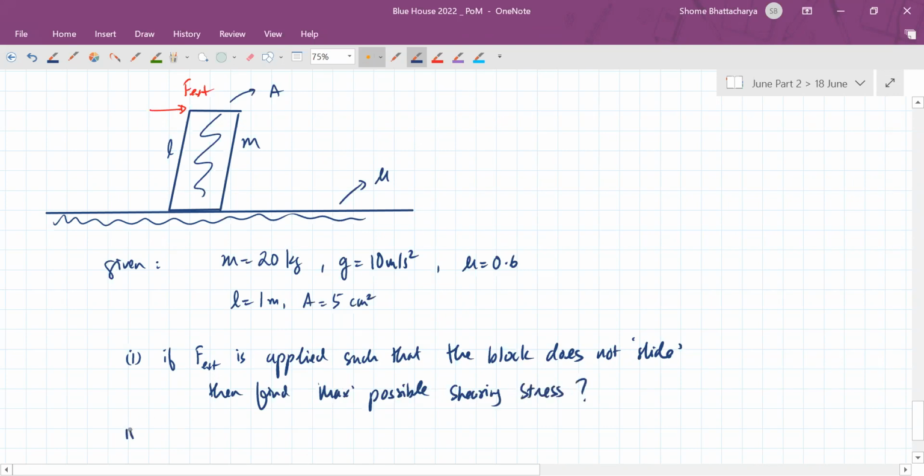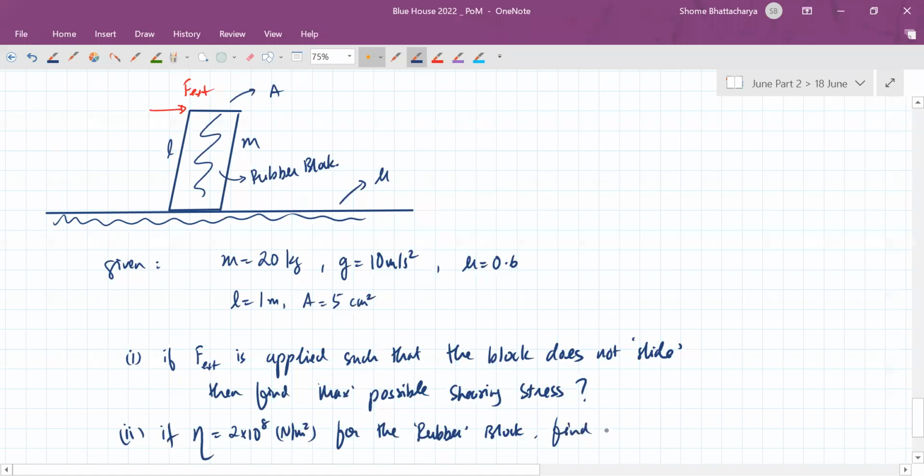Okay. And if the modulus of rigidity for the material is this much, find the shearing strain for this maximum stress.